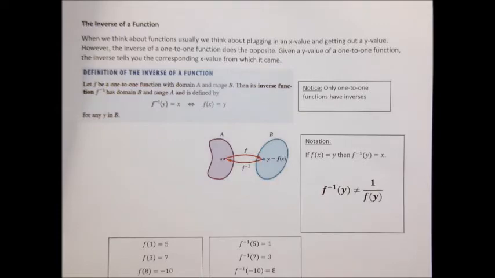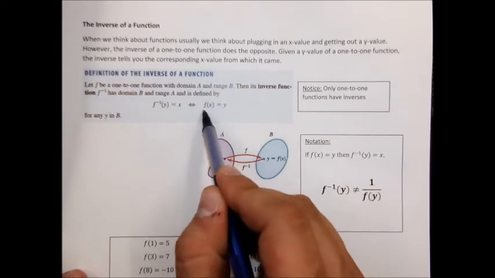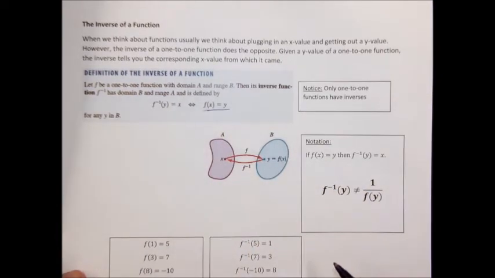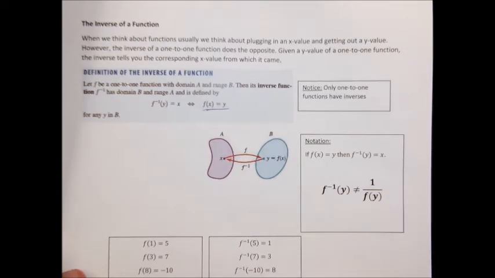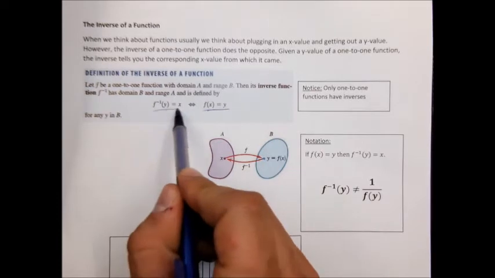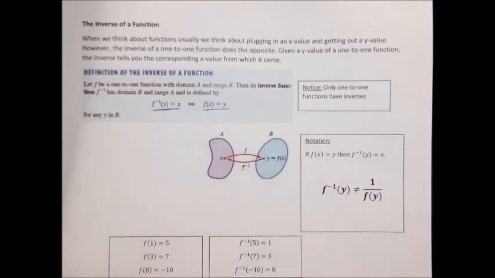That's usually how we think about functions, which is what's being shown right here. The inverse function does the opposite. It takes the y values and sends them back to the x values that they came from. And so that's why it's called the inverse, right? Inverse means kind of like opposite in some sense.